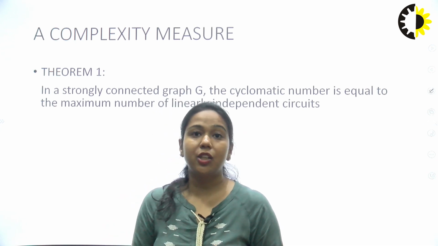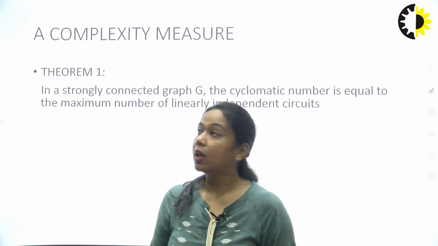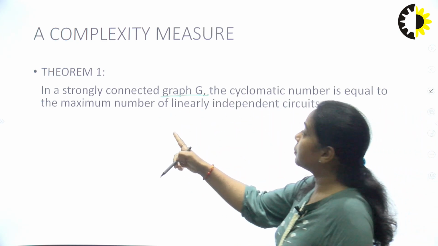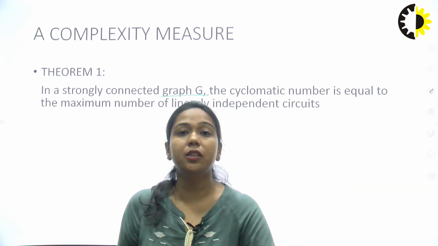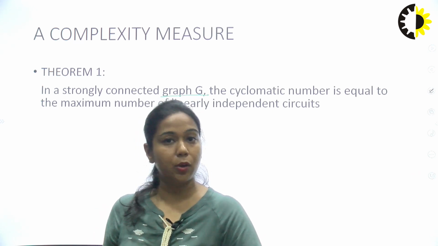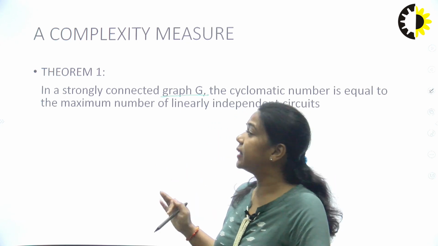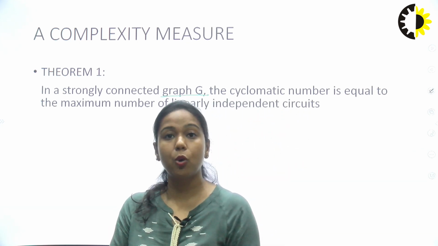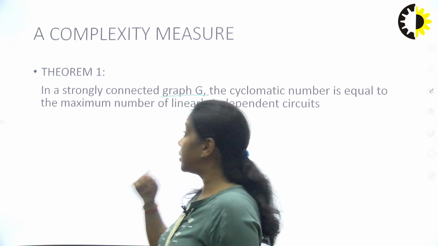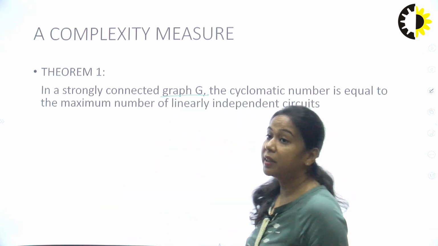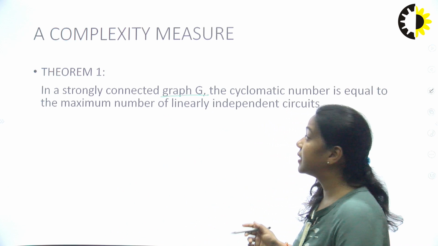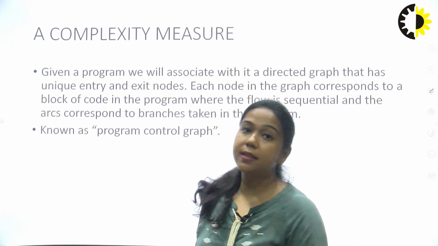A graph is represented by vertices and edges, and is denoted by G. The cyclomatic number is equivalent to the maximum number of linearly independent circuits within G. This is the first theorem explaining how we calculate the cyclomatic complexity: first convert the lines of code into a graph, which is a representation of edges and vertices, and the cyclomatic complexity is directly equivalent to the maximum number of linearly independent circuits.